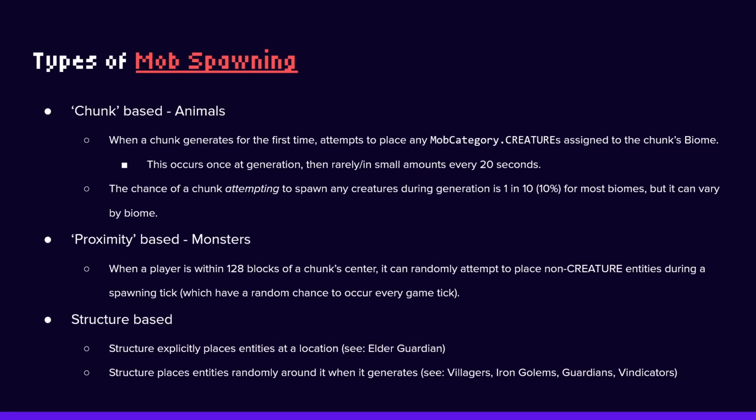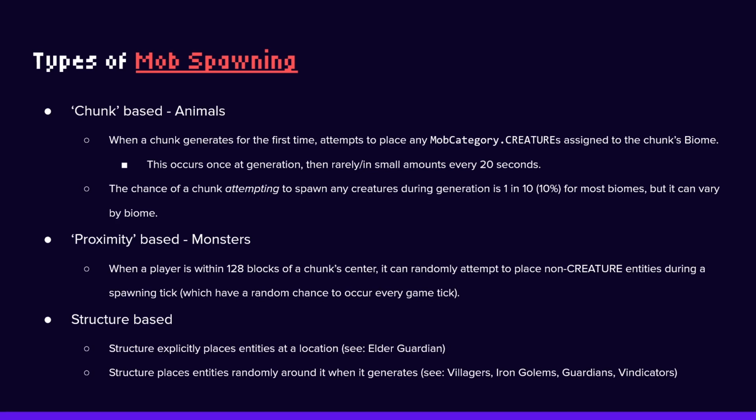With chunk-based spawning, when a chunk generates for the first time, it places any creatures. The mob category is very important here. Anything with the mob category of creature, if you remember from last time, you assign mob categories when you register the entity type. So it'll try to place any creatures assigned to the biome once when the chunk originally generates, and then very rarely in small amounts every 20 seconds.